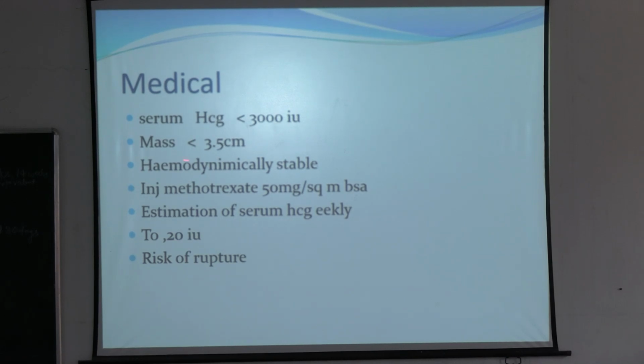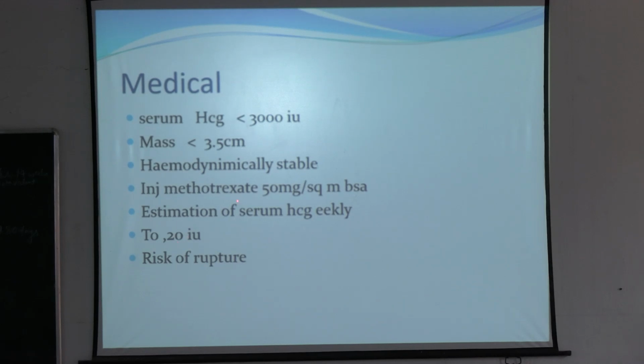Mass must be 3.5 centimeters or less. Tubal mass must be 3.5 centimeters or less. Hemodynamically stable. Injection methotrexate is given IM, not oral, per square meter, and estimation of serum beta HCG weekly till it is less than 20 international units.